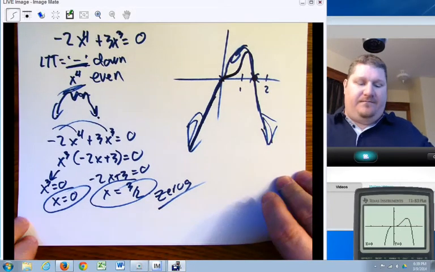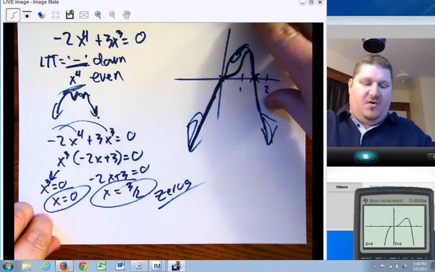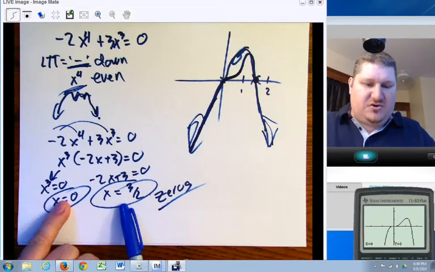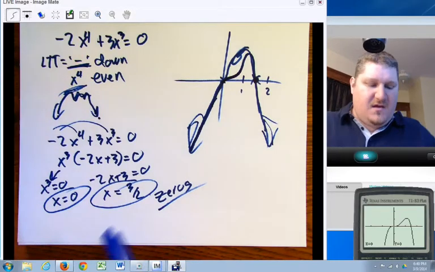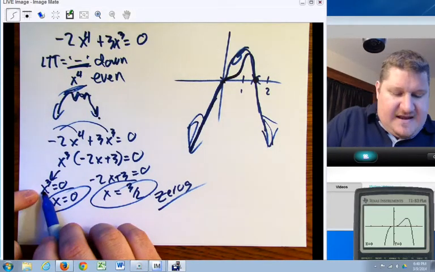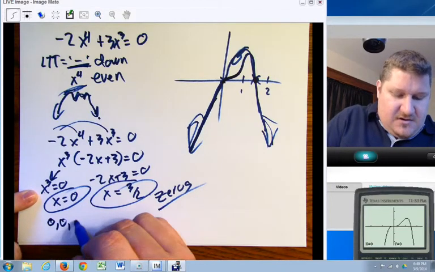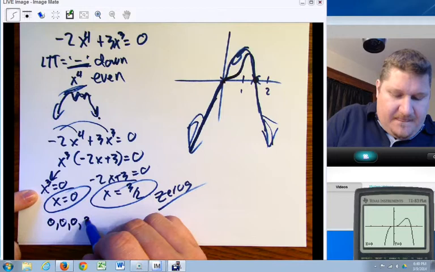Now, sometimes we don't have quite the same situation, because in this case we only had 2 solutions out of a possible 4. What you had here was x cubed equals 0, which means you really had 0, 0, 0, and 3 halves.